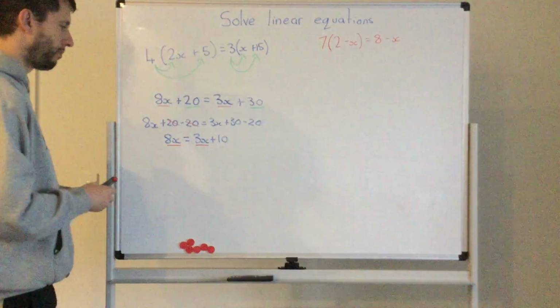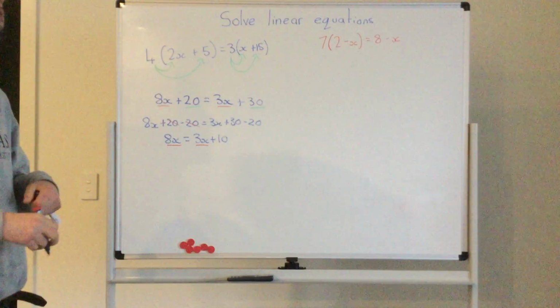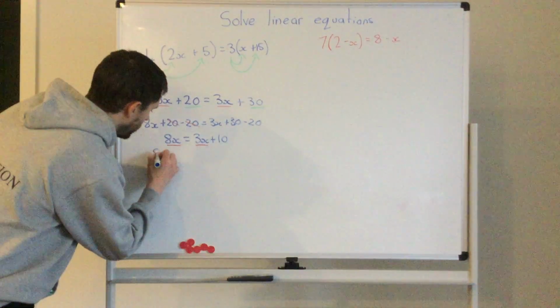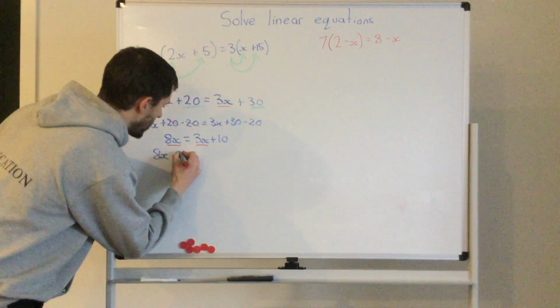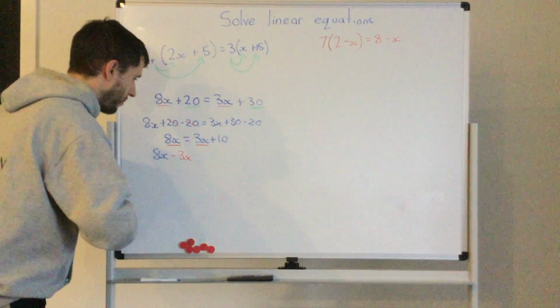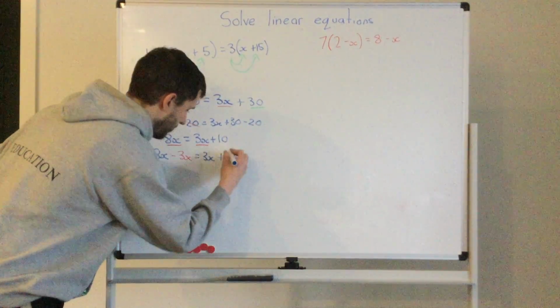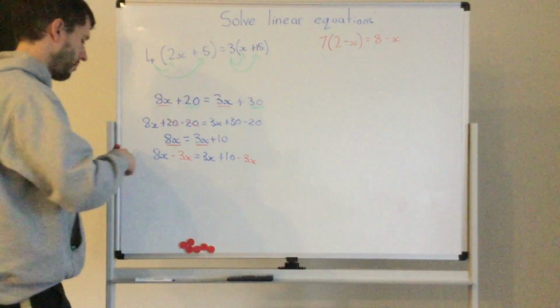So to do that, I need to think about, okay, how do I get rid of 3x? I have to take 3x on both sides. 8x, take 3x, equals 3x plus 10, take 3x.